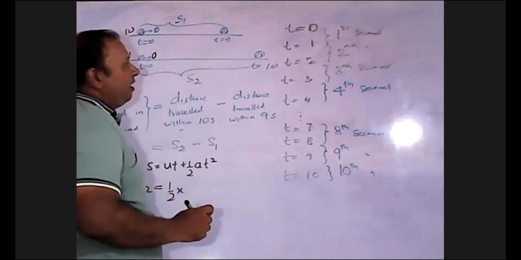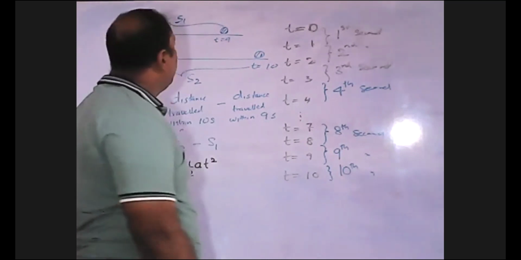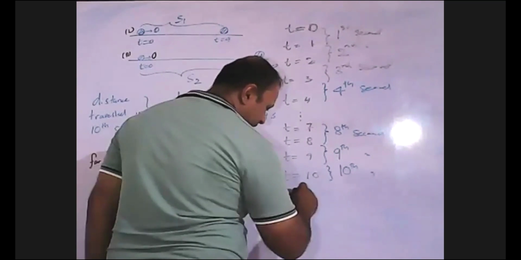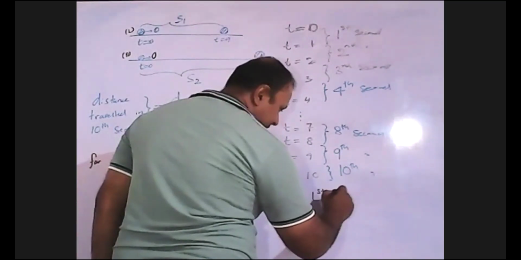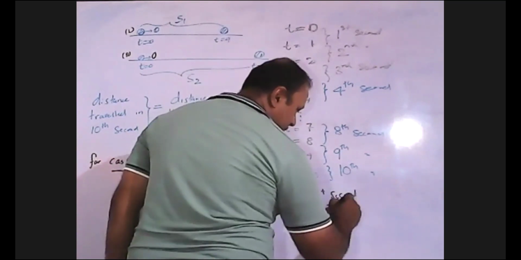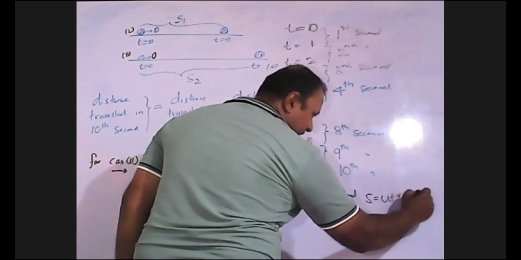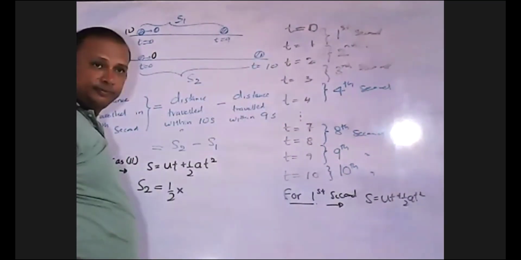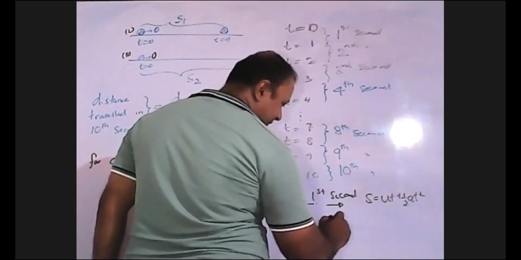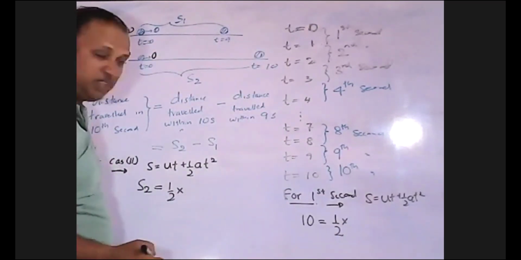Acceleration is given within the first second. Within the first second, the distance traveled is 10. Therefore, you can apply S equals ut plus half a t squared for the first second. Distance traveled is 10, equal to half a t squared, because u is 0, initial velocity is 0.